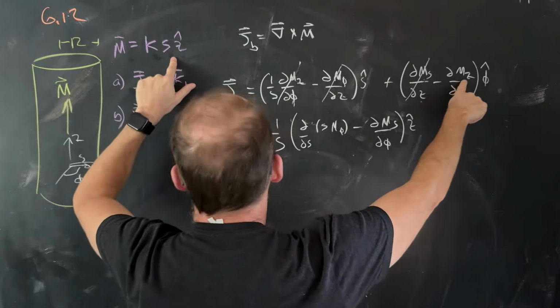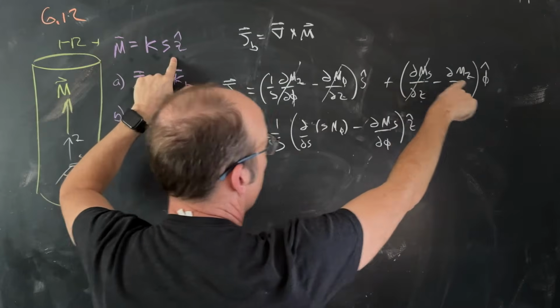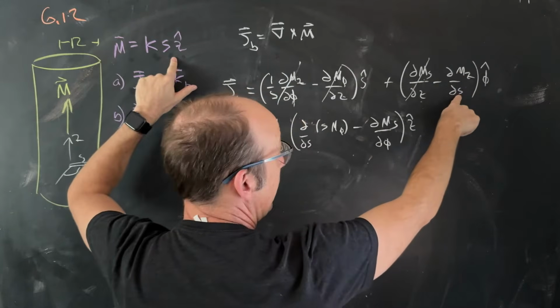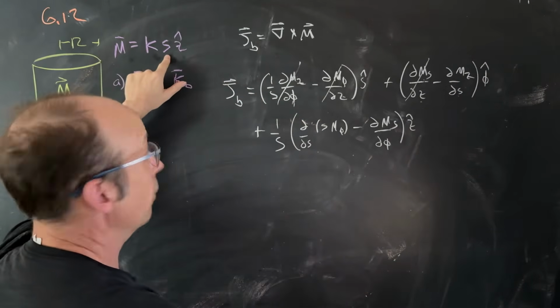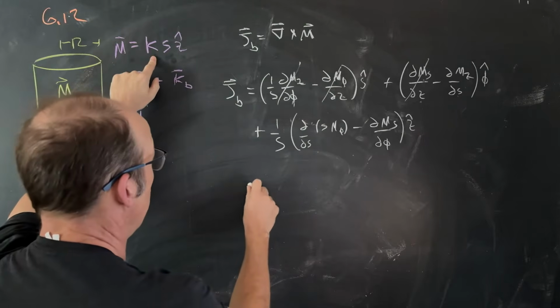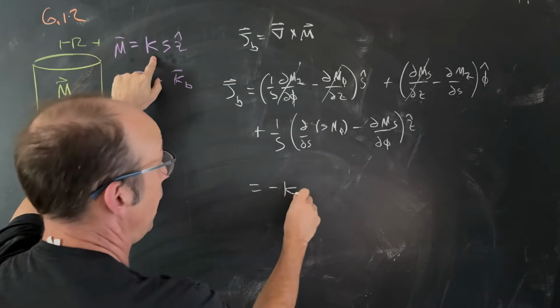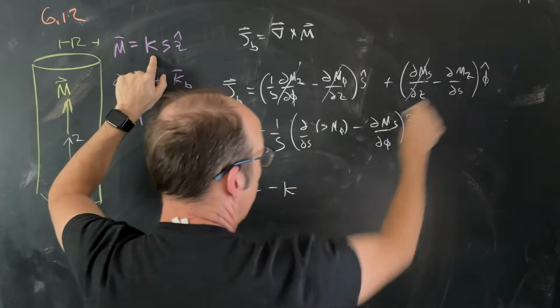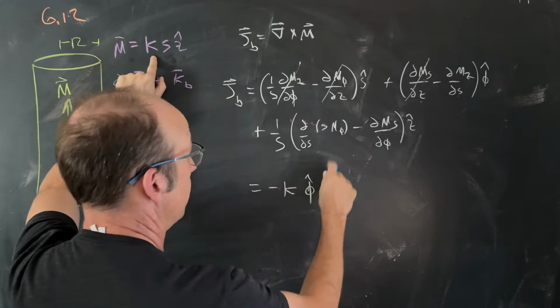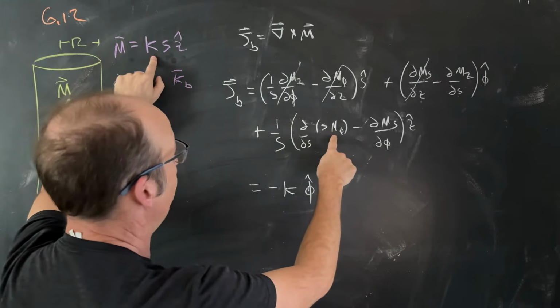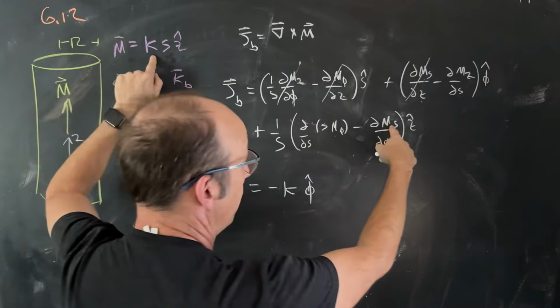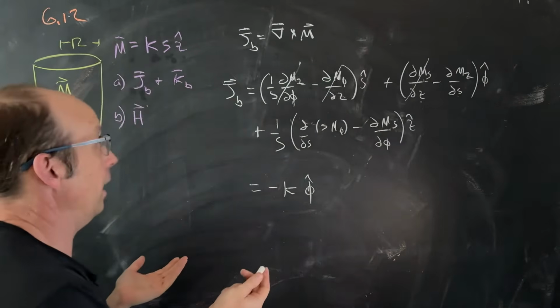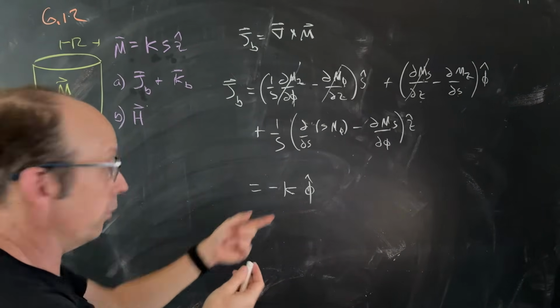There is no m_s, I don't have an s component. The partial of m_z with respect to s, now that I do have. So I'm going to get a negative k in the phi hat direction. Down here, there is no m_phi term and no m_s term. So that is my volume current density.